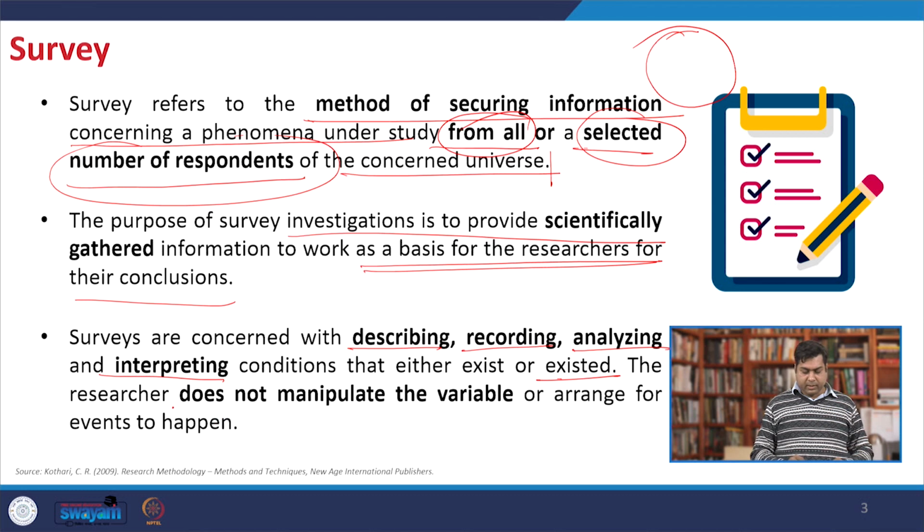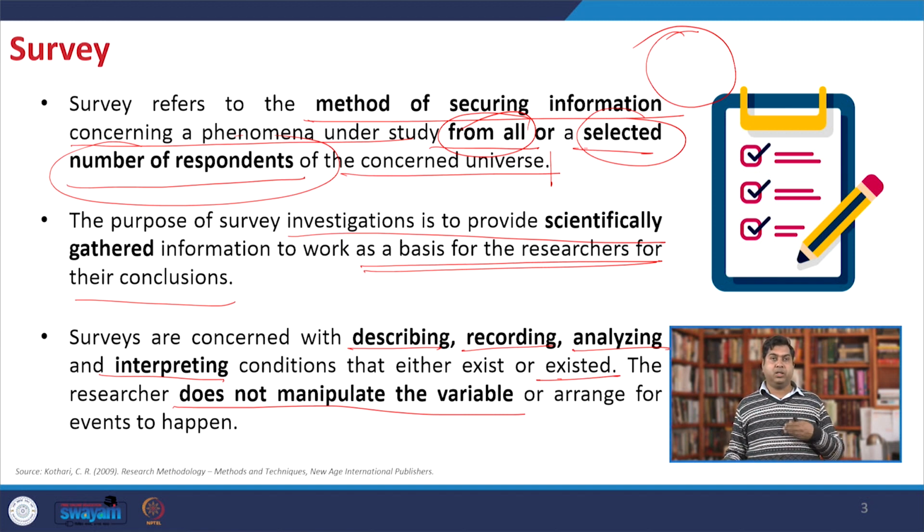The researcher does not manipulate the variable or arrange events to happen. This is also a very important aspect that we need to see. As a researcher, our main task is to portray what is existing, what your data says.